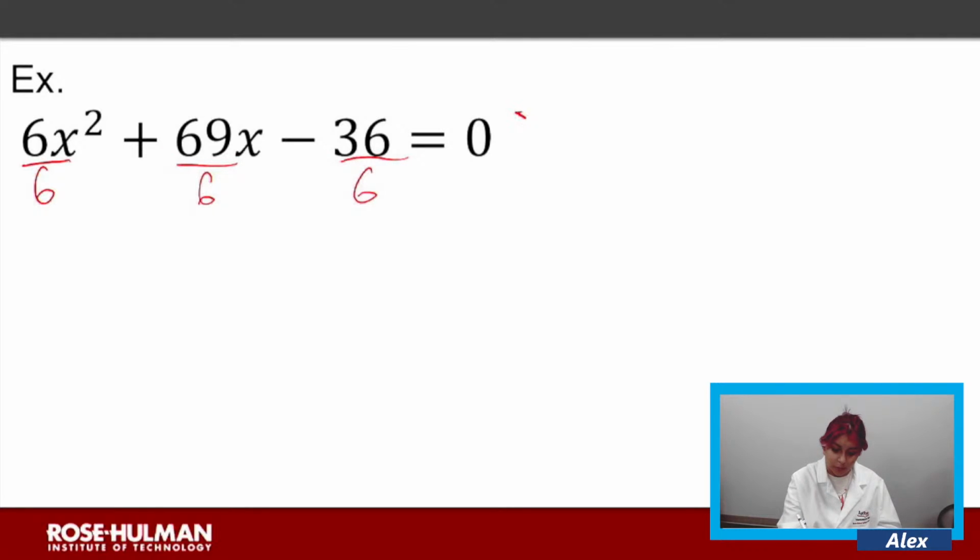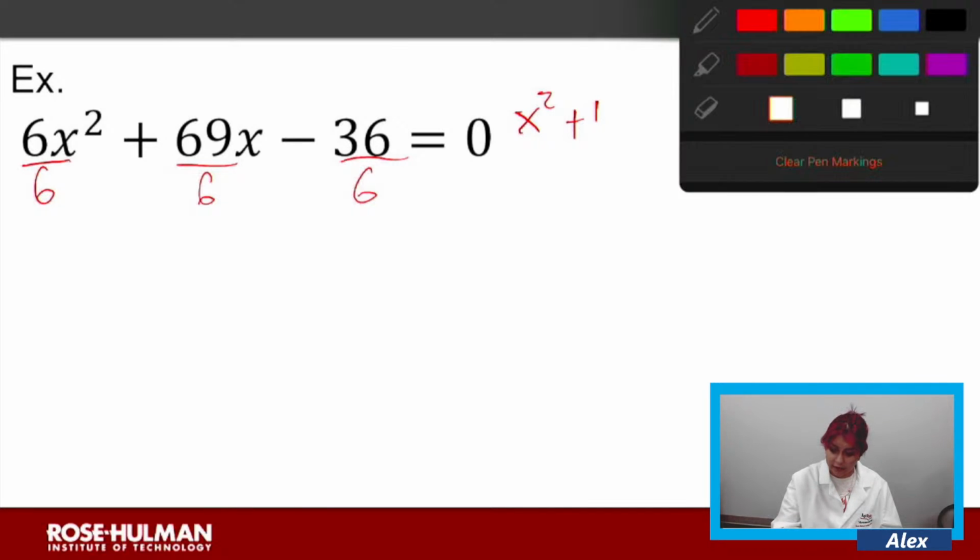So if we do that really quickly, we get x squared plus, this one is going to give me a fraction, so let me rewrite that really quickly.